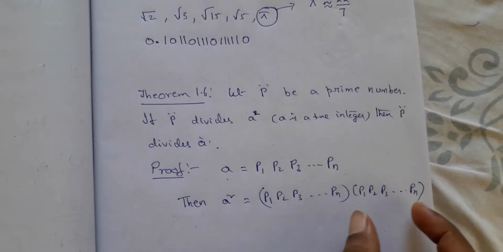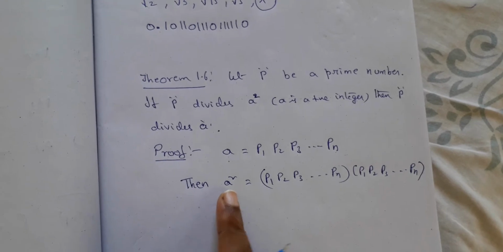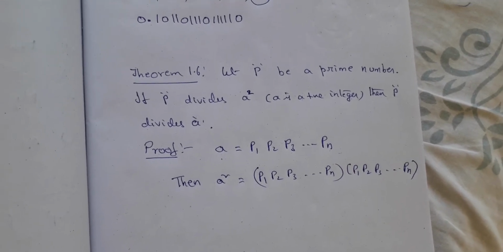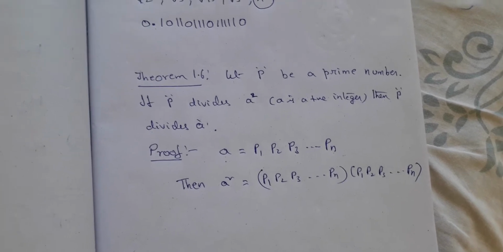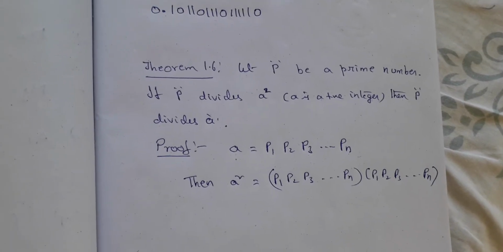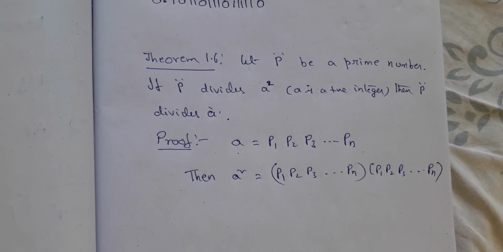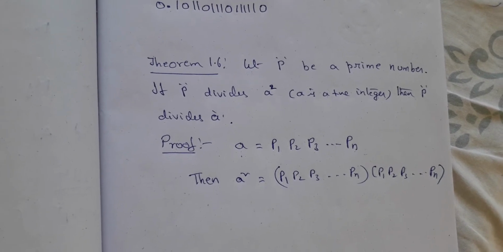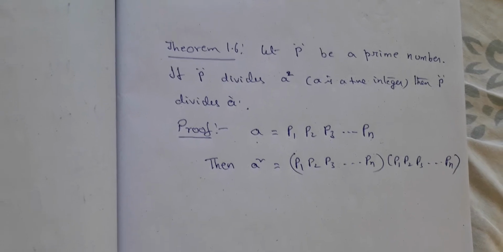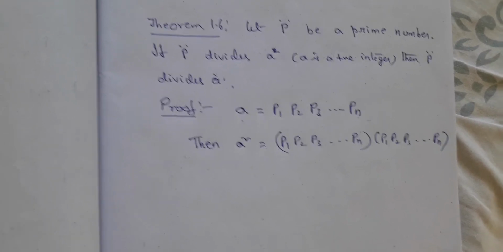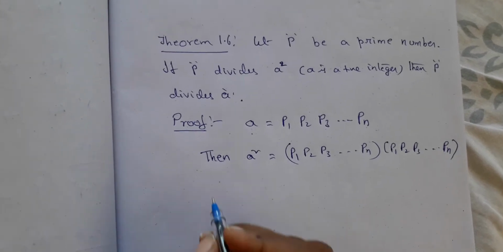Yes, A multiplied by A is A square. So now what we have to prove here is that P divides A square is given. So now therefore from the fundamental theorem of arithmetic, it follows that P is one of the prime factors of A square. Yes or no?